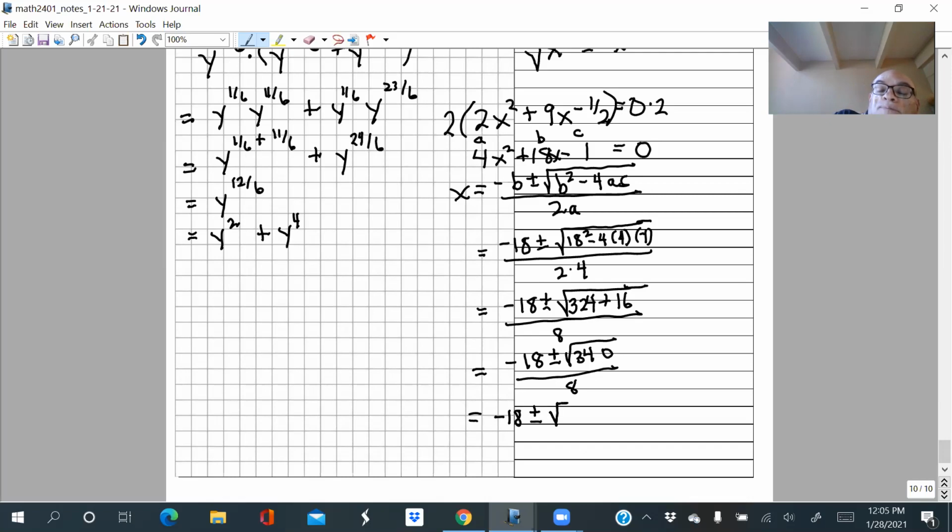The trick to simplifying the square root of 340 by hand, so not going to use a calculator, not going to try to get an estimate for the square root of 340, not yet anyway, is since I'm taking a square root, let's try to write 340 as a perfect square times some other number.